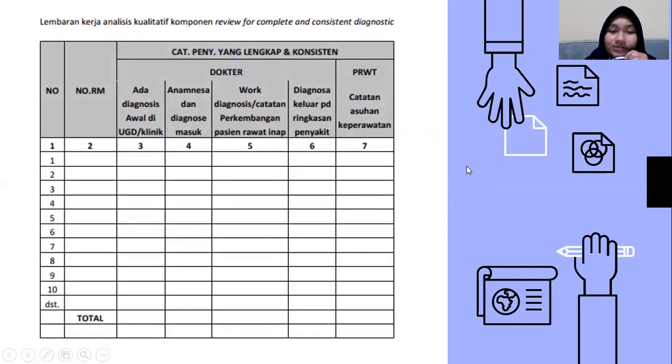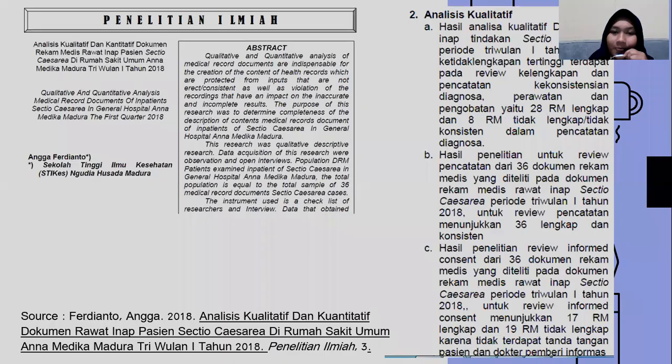This is the template of qualitative analysis. There are medical record number, initial diagnosis when patient admitted at hospital, work diagnosis or inpatient progress record, diagnosis when patient discharged, and history of health service in hospital.